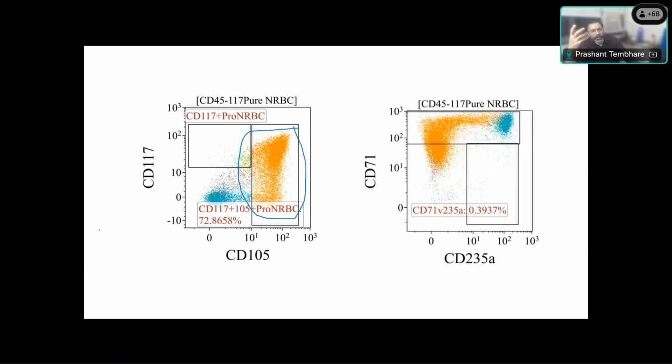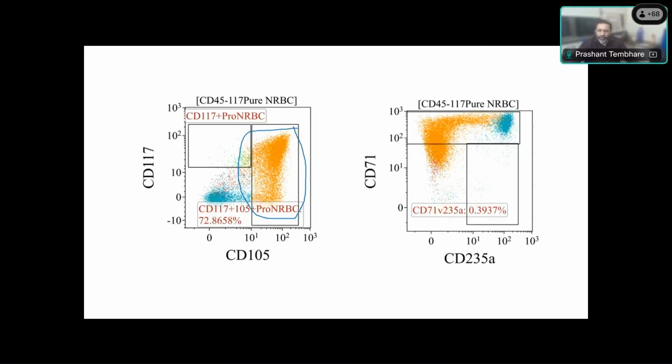We consider up to 15%, but more than that also indicates restricted maturation or ineffective erythropoiesis, because the later component is not there. That means the later component is destroyed. So in this case, you can see 72% of cells were precursors, which is clearly abnormal in this population.